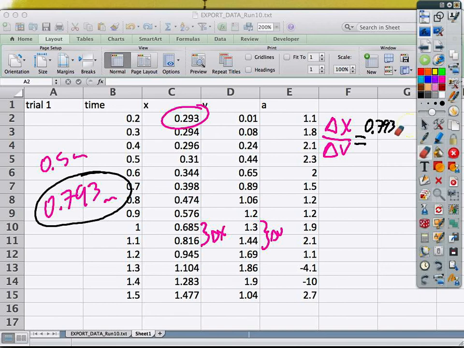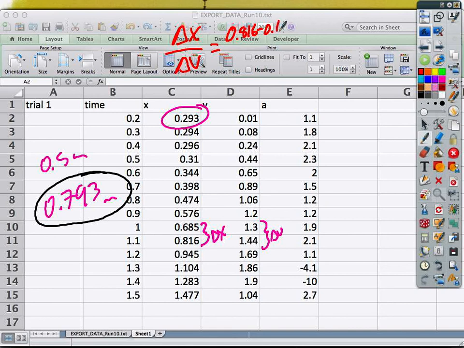Running out of room. I'll write over here in red on top of everything. So delta X over delta V, if I do this, is going to be 0.816 minus 0.685 over 1.44 minus 1.3. Everybody cool with that?